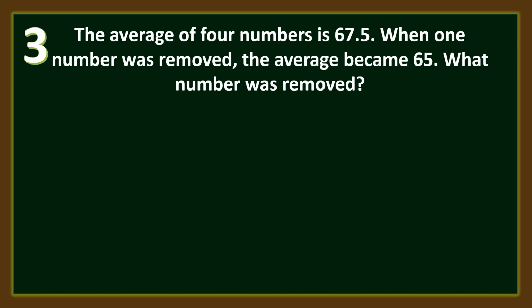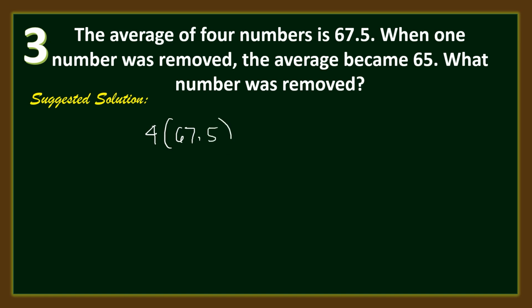Question number 3. The average of 4 numbers is 67.5. When one number was removed, the average became 65. What number was removed? Here is our suggested solution. If we have 4 numbers whose average is 67.5, then the total of these 4 numbers is 4 times 67.5.